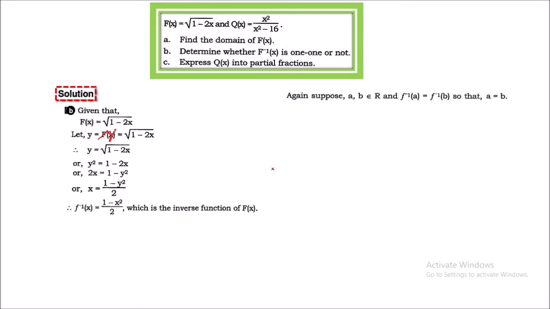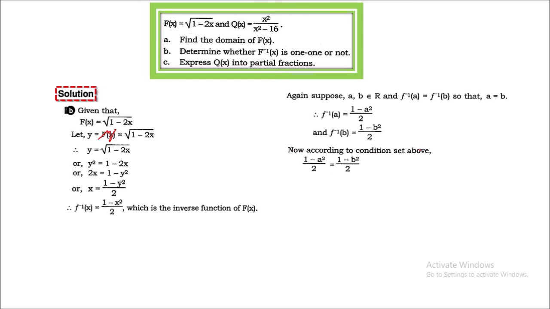Now suppose a and b are two real numbers and f inverse(a) = f inverse(b), so that a = b. We know by the definition of a one-one function that the values will be totally different individually. So f inverse(a) = f inverse(b) if and only if a = b. I find f inverse(a) = (1 − a²)/2 and f inverse(b) = (1 − b²)/2.